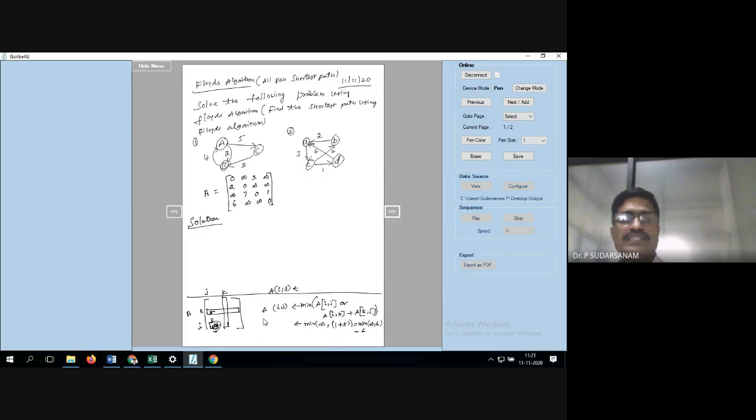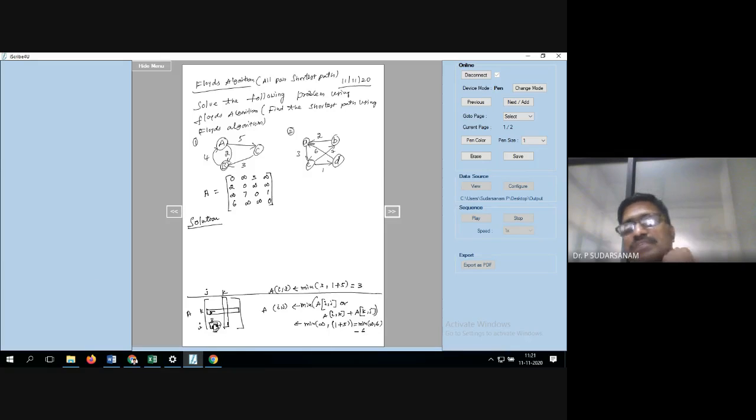A of i comma j is equal to minimum of 3 comma the corresponding row element and column element, taking the previous example, 1 plus 5. In this case, what value do you have to write? 3 is there, 6 is there. Which is the minimum? 3 is the minimum. So 3 you have to write. So both the examples I've told you. Suppose you have infinity, you add the corresponding row and column element and write it. Directly you can write, no problem.